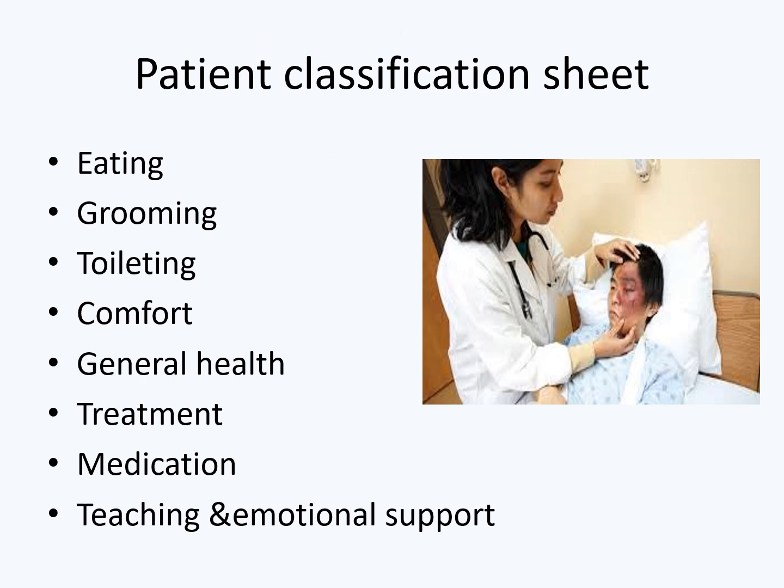The patient classification sheet consists of 8 items: eating, grooming, toileting, comfort, general health, treatment and medication, teaching, and emotional support. Each one of these has 4 categories, and we will have an overview of it later on.